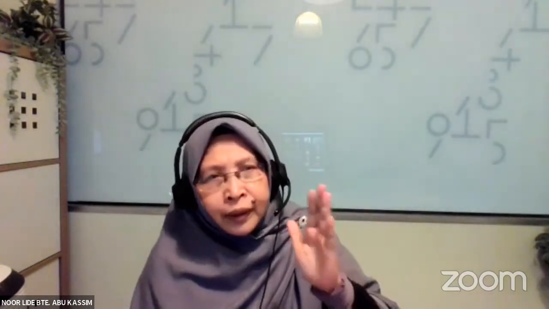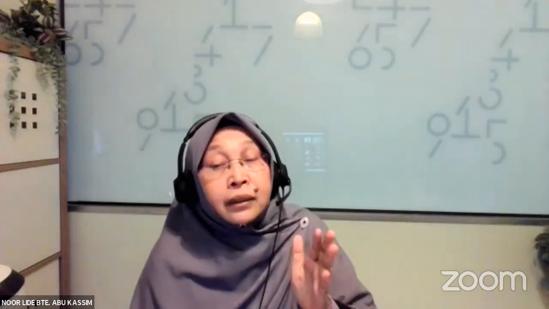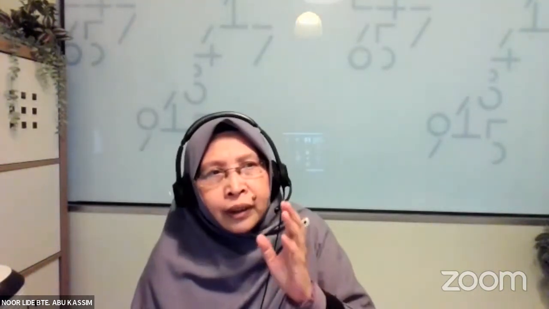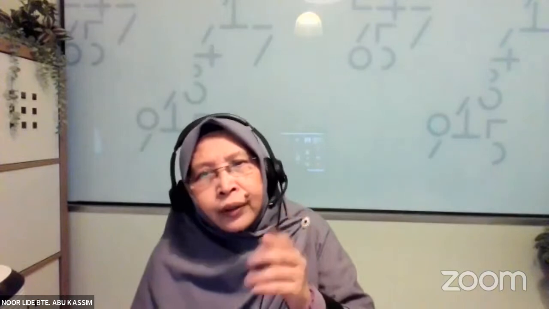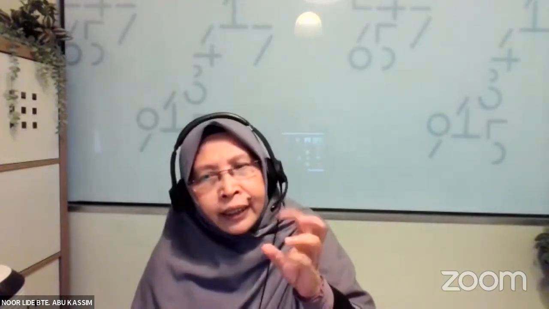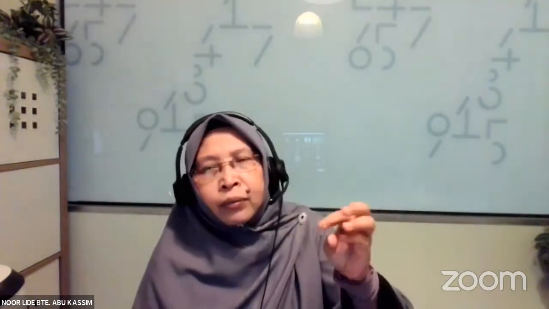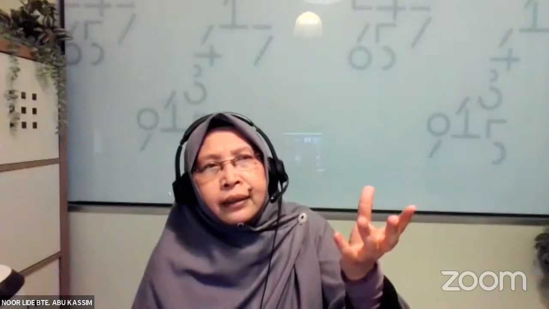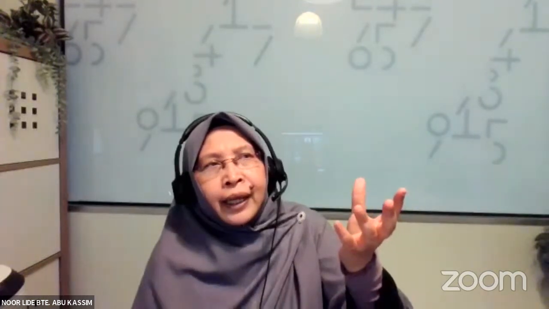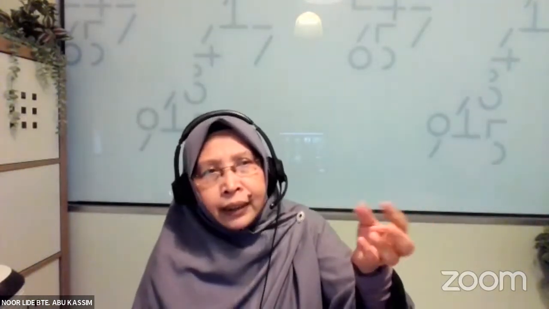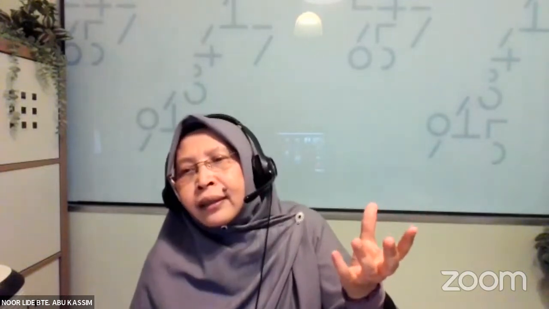When you talk about positivism, you're talking about one single truth. There is only one way to look at things. So say, for example, if you conduct an experiment and you have one particular definite outcome, based on that outcome, that is the truth that you are seeking.